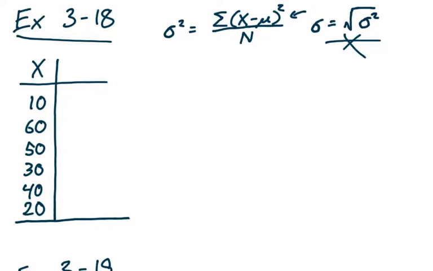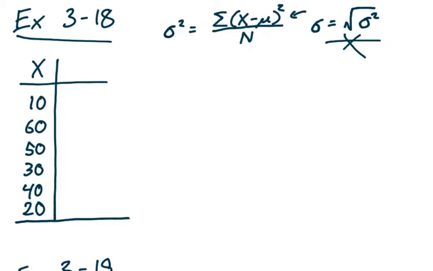Now, here's procedurally speaking how we do it. In the previous example in 3-15, we went ahead and calculated the mean, but if we didn't have an example 3-15 that we had done ahead of time, and we just had to compute the variance or the standard deviation, we would have to do that.